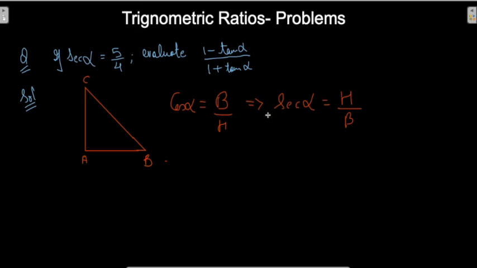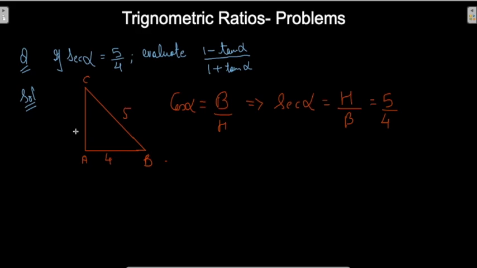Now, what is the value of secant of alpha given to us? It is equal to 5 by 4, which makes our base as 4 and hypotenuse as 5.